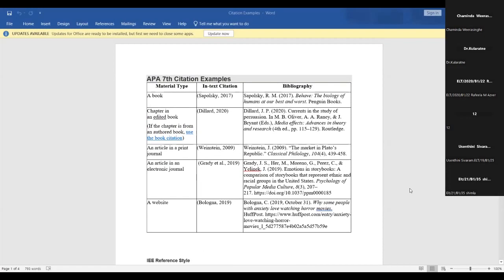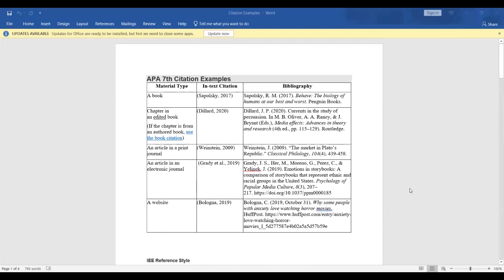present a paper, mainly in our case, our field is education and language studies, and so on. So we are mostly supposed to present in APA style, American Psychological Association style.